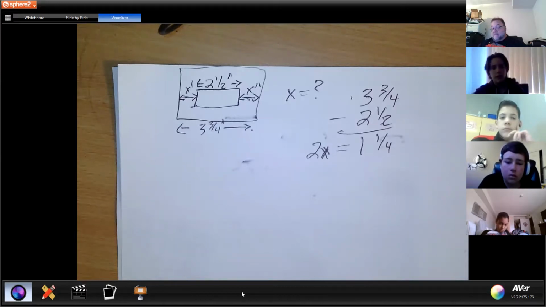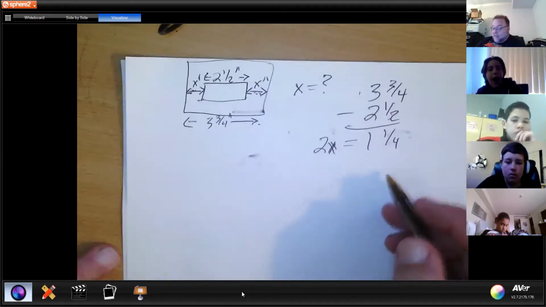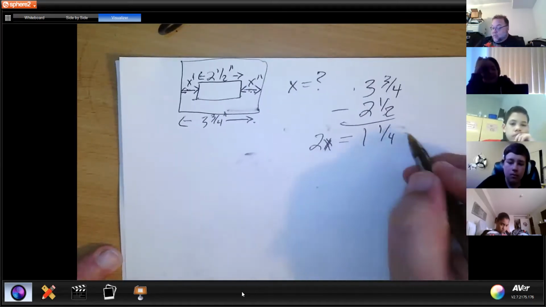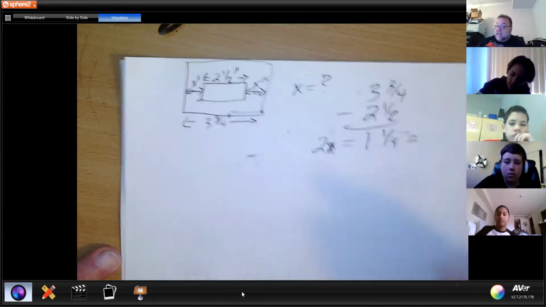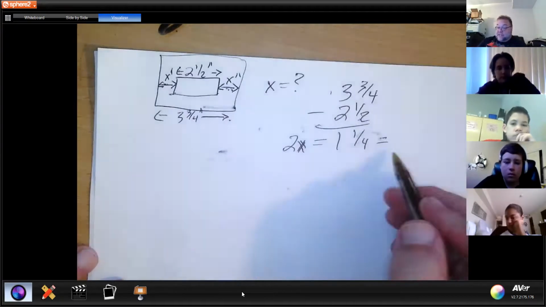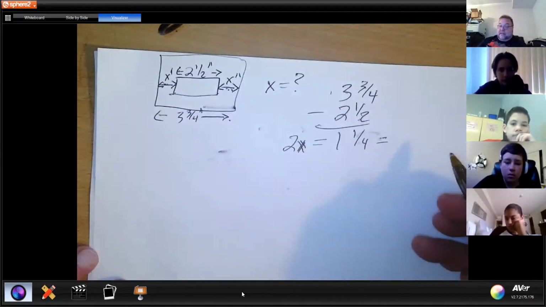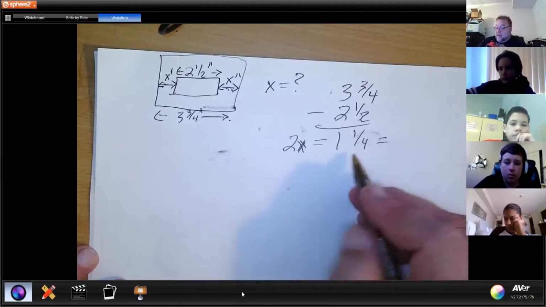So could you divide the 1 1/4 by 2 to find just the one side? Exactly. So now if we look at this, we can convert this to something more useful. We can do it in fractions or in decimals. It doesn't matter. I can convert this to a fraction that I can divide by 2 pretty easily.